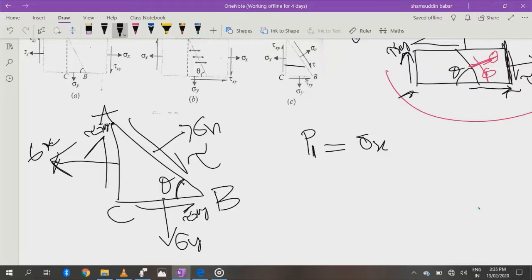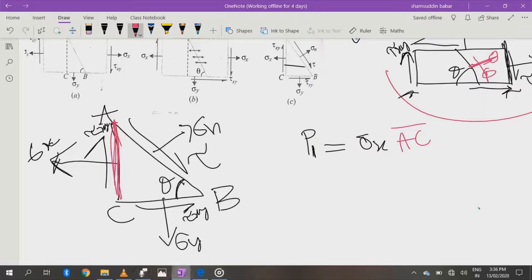I am naming my stress x force as P1, so stress x multiplied by its area will give my force P1. This area is shown as AC in pink color, so I can call it AC.